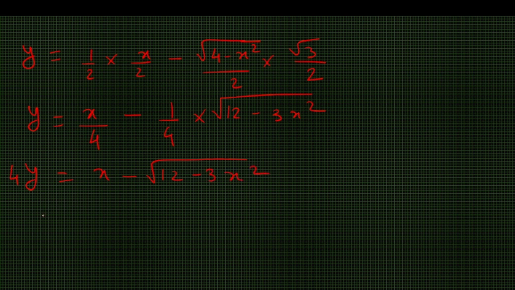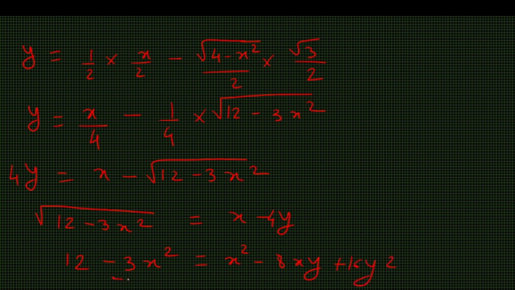Now root 12 minus 3x square is equals to x minus 4y. Then by taking square on both sides, we will get 12 minus 3x square is equals to x square minus 8xy plus 16y square.